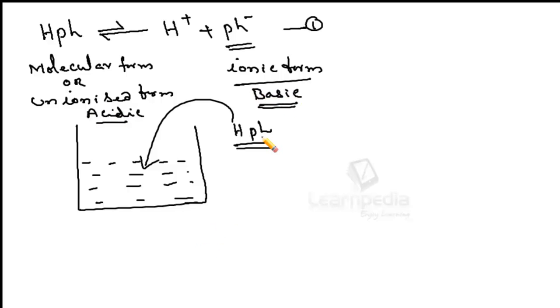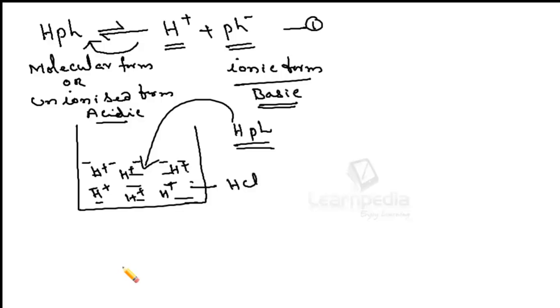Now the moment HPh is added to this aqueous solution of HCl, which contains H plus ions, the moment the drop of phenolphthalein is added, as the solution contains a large excess of H plus ions, the total H plus in the solution becomes much more. As a result of this common ion effect, the equilibrium shifts towards the left.